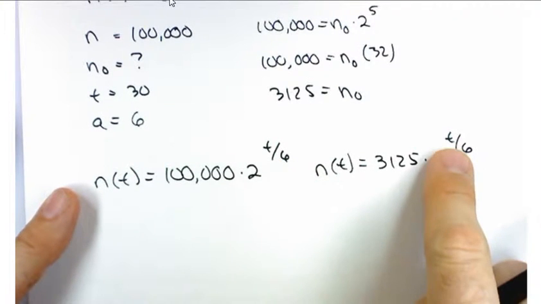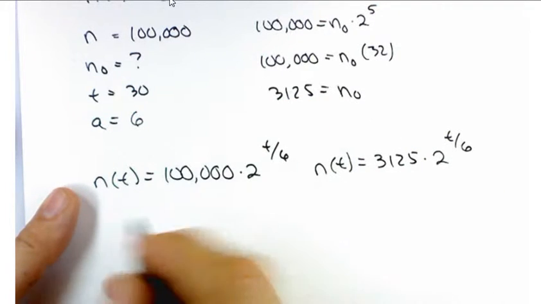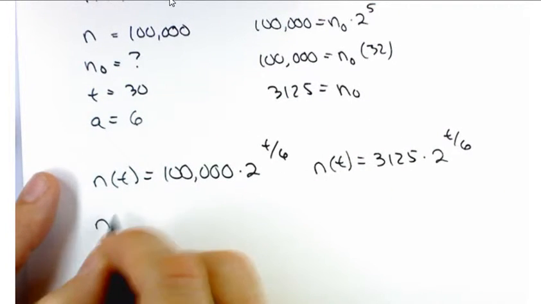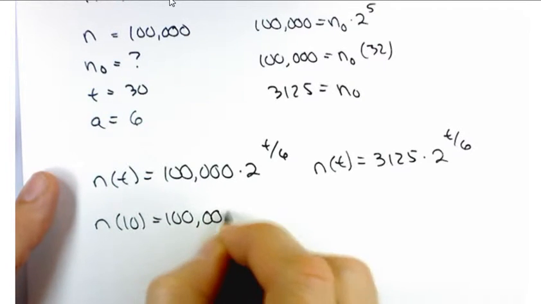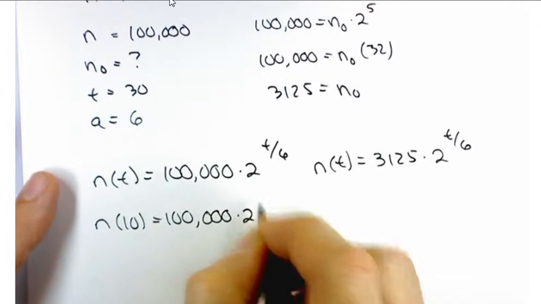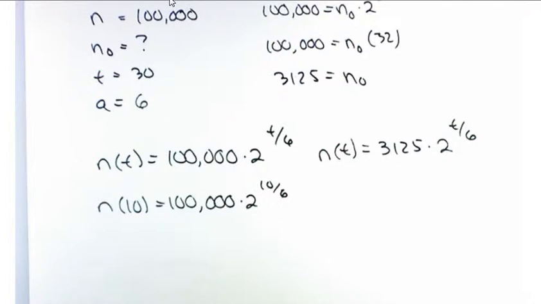Because 40 would be the 30 years from this initial population, and then 10 years beyond that. I think I like this one better. Let's do N of 10, 100,000 times 2 to the 10 over 6 power. Now we're going to run into a little bit of a problem with our answer here.